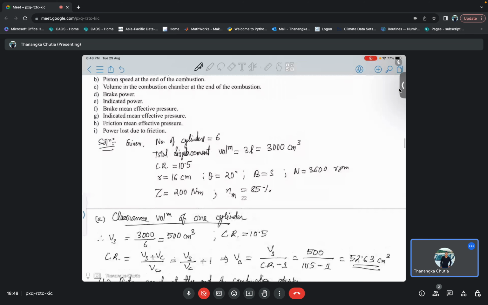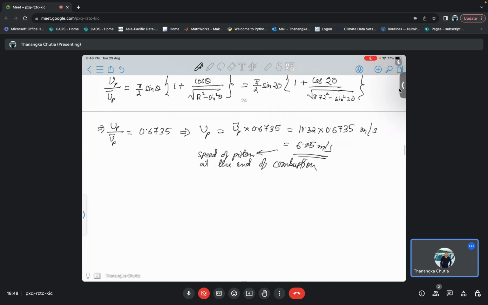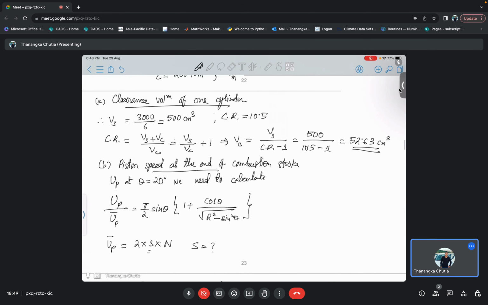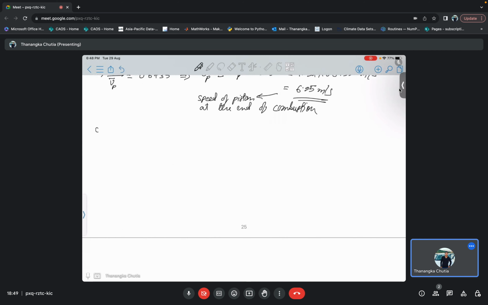Next is the volume in the combustion chamber at the end of combustion.